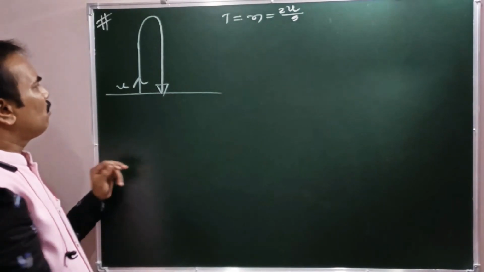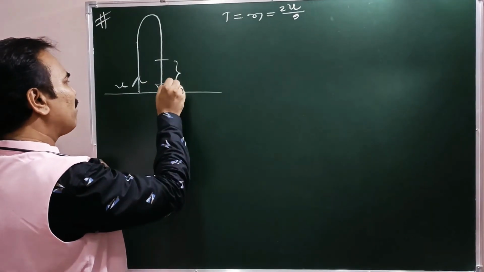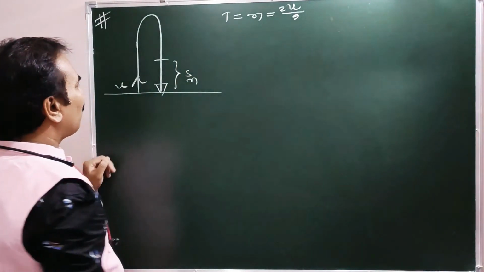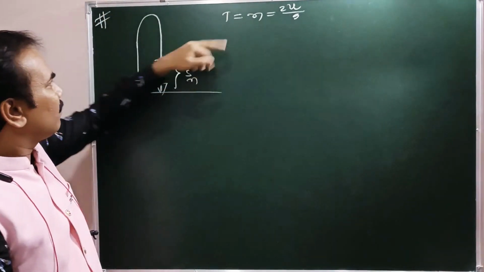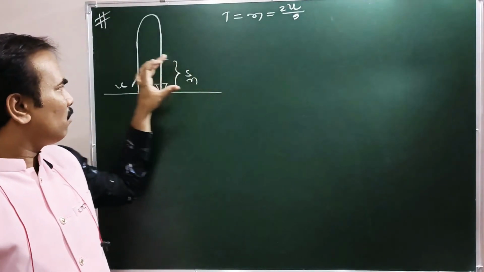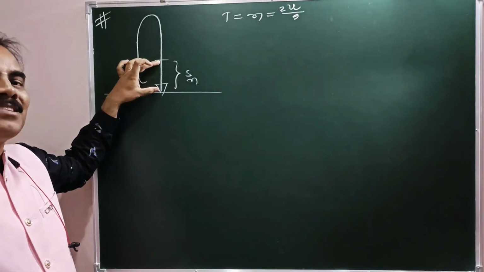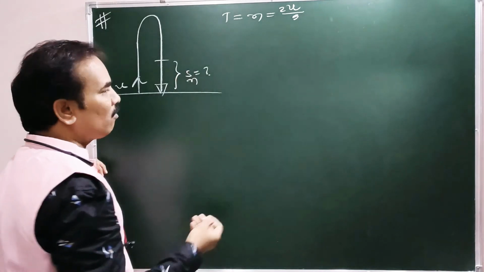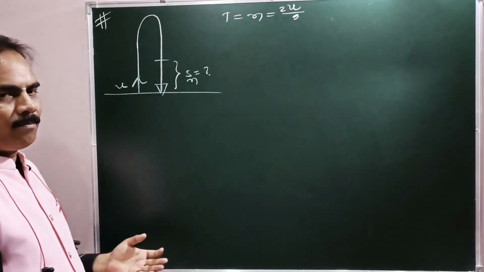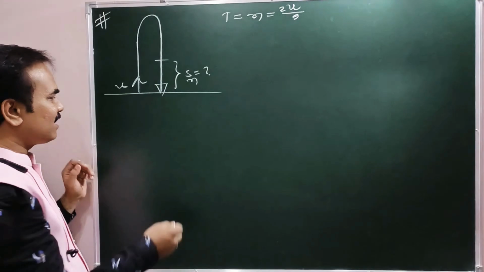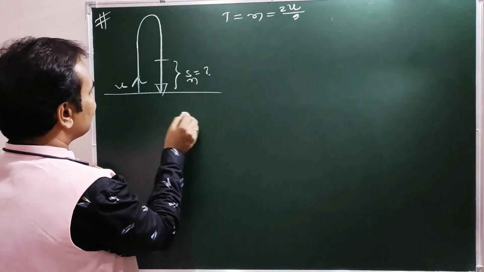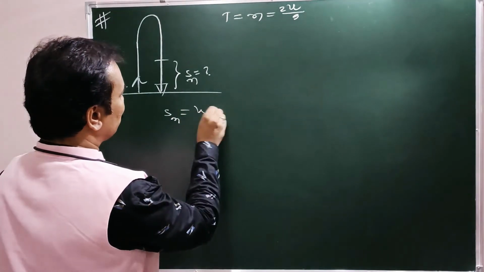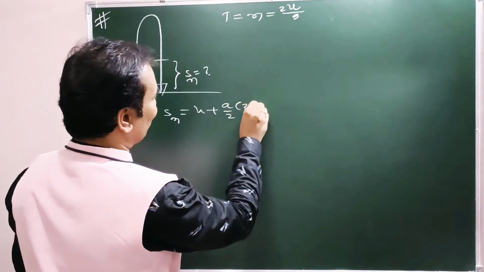Now I want to know the distance covered in the last second of the entire motion, that is Sn. The time taken is n seconds, that is 2u by g. How to find Sn? Very simple, by the nth second form: Sn equals u plus a by 2 into 2n minus 1.